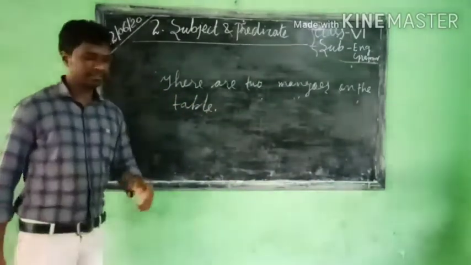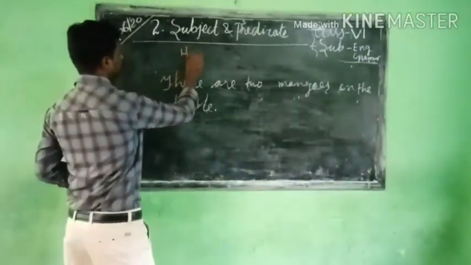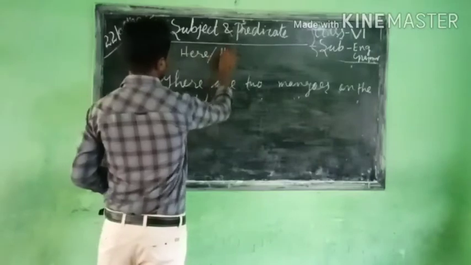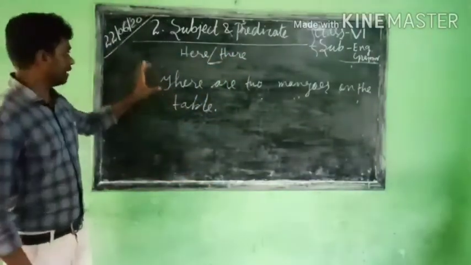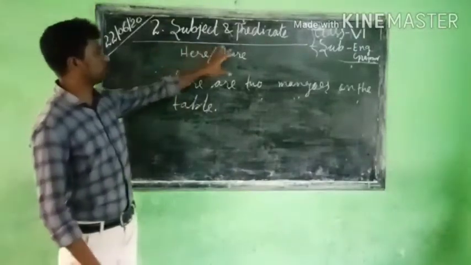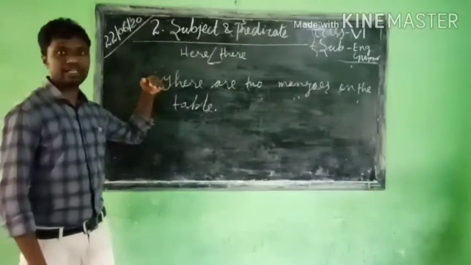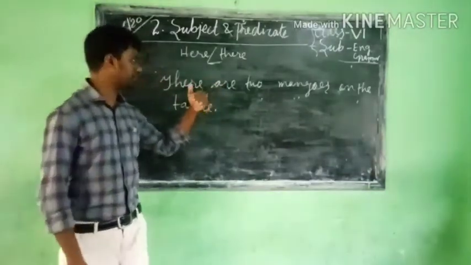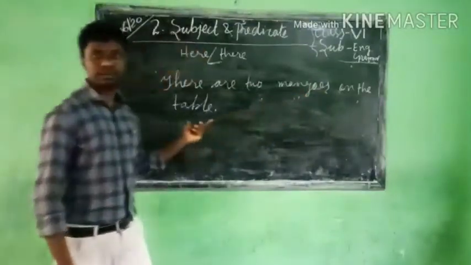So here we see the rule is here or else there. If a sentence begins with these two words, here and there, then usually the subject comes after the verb. See, there are two mangoes on the table.